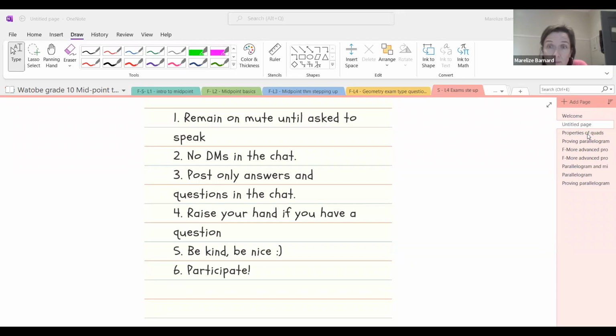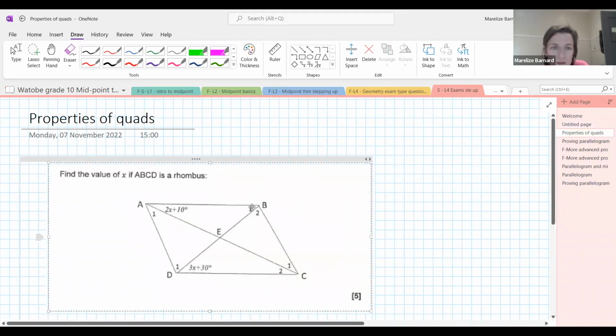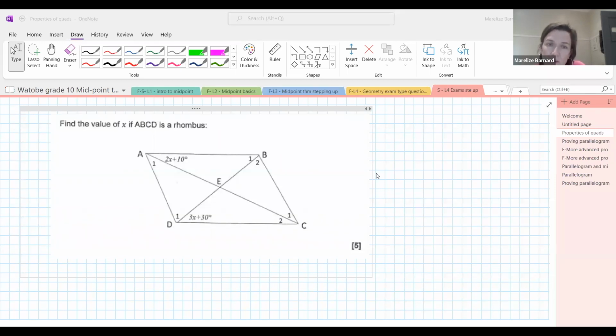Revise and do some exam type questions on geometry. So here's our first one. Okay, have a look, and I'm going to leave you for about 3 minutes, see if you're able to solve this one on your own.